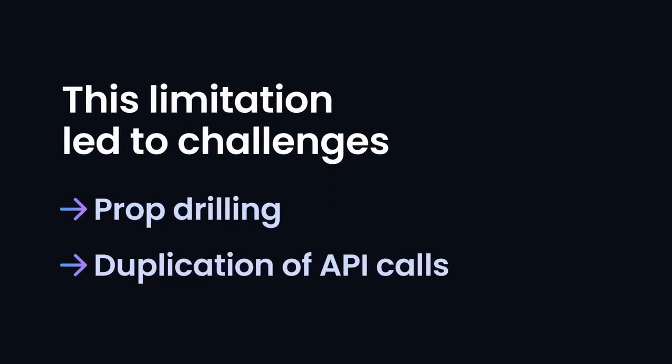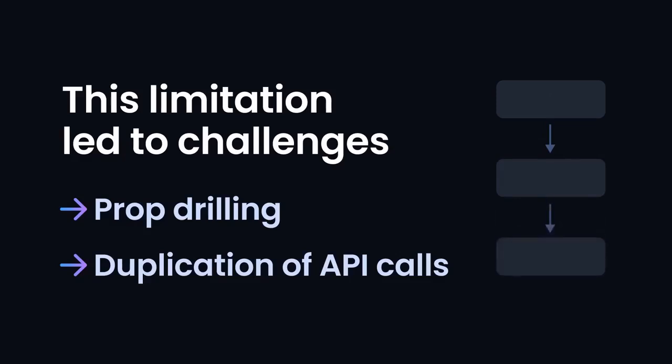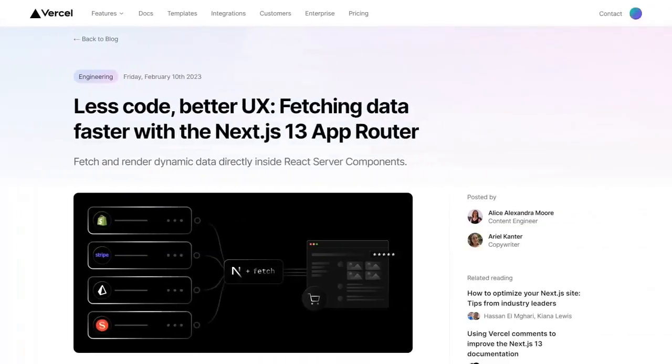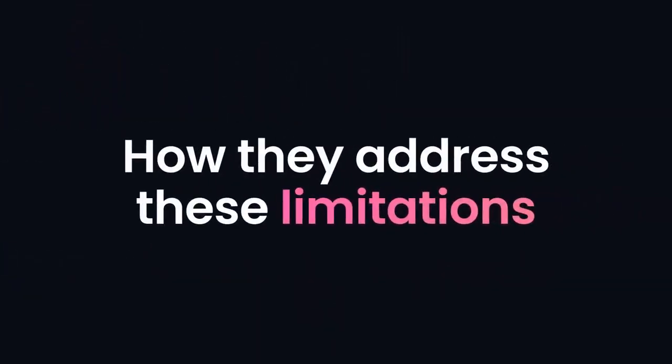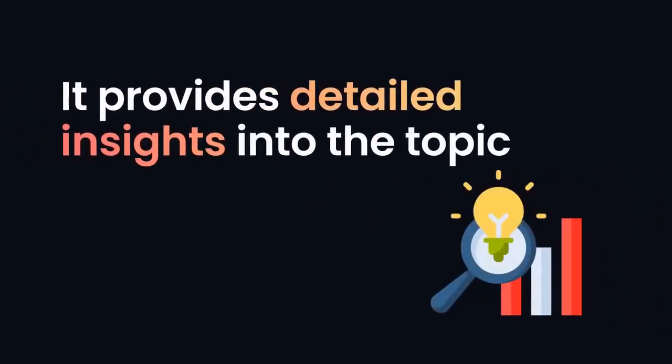This limitation led to challenges such as props drilling and duplication of API calls when passing data to lower level components. I recommend reading the Less Code, Better UX, Fetching Data Faster with Next.js 13 App Router article to gain a deeper understanding of the differences between the pages directory and the app directory in Next.js and how they address these limitations. It provides a truly detailed insight into the topic.